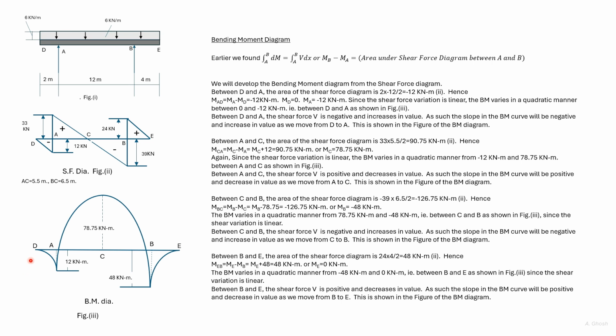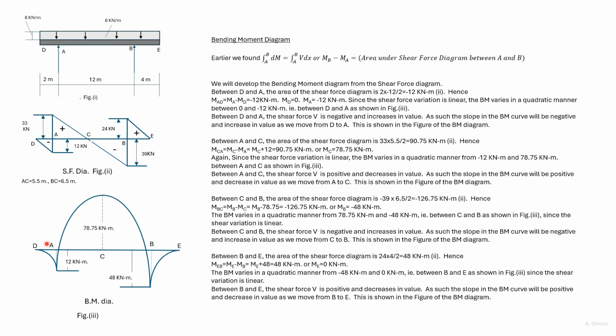Given the bending moment variation between D and A, we notice three things. The variation here of the shear force diagram between D and A is linear. So the variation between D and A of the bending moment diagram would be quadratic. In the shear force diagram, we are in the negative region.